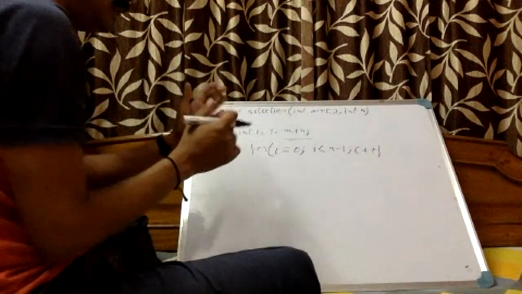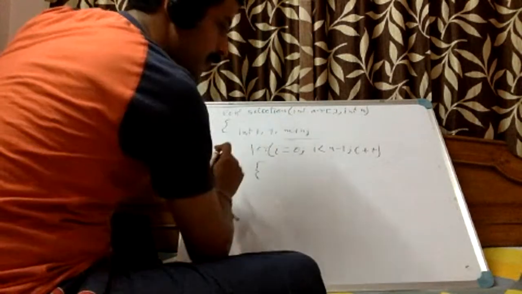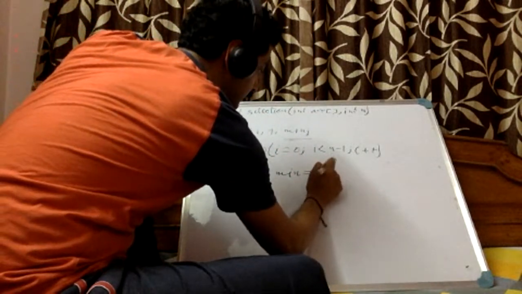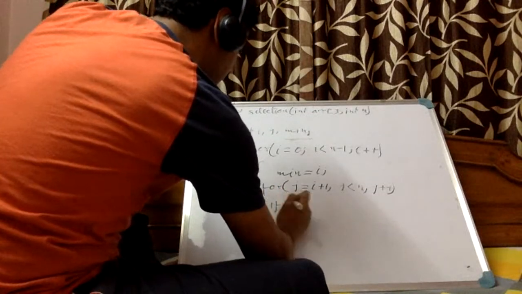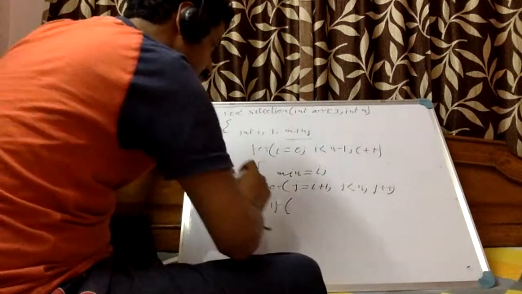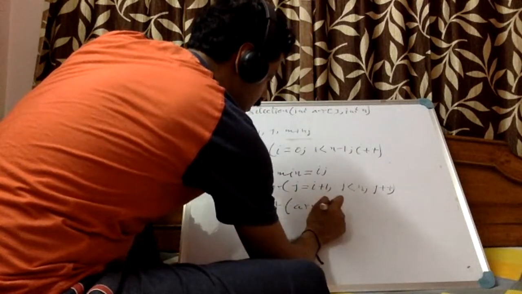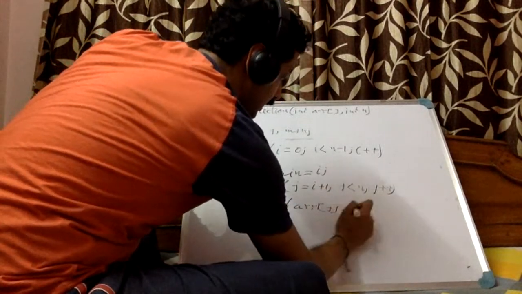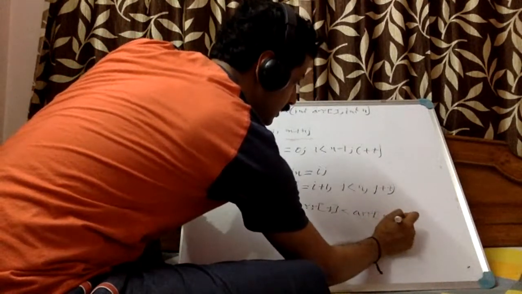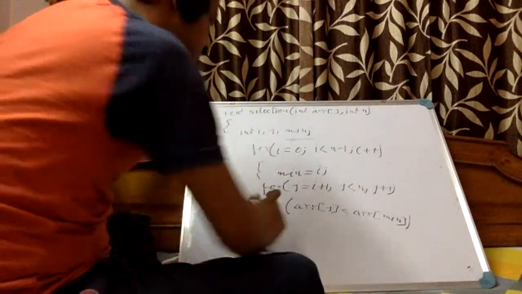Actually, we have to search for the minimum number inside this loop. Now, what I'm doing, I'm assuming the minimum value as i. Okay, I have to choose the minimum one. If arr[j] less than arr[min], then min becomes j.